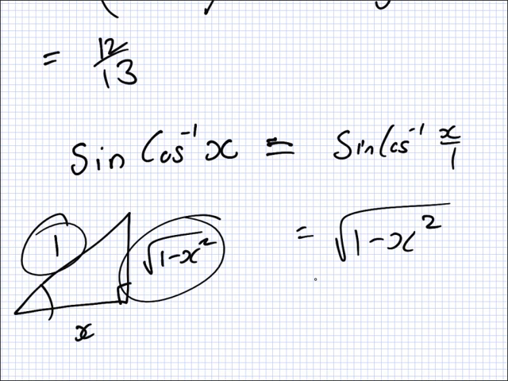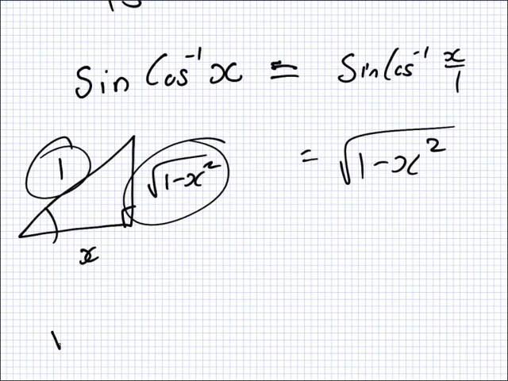Can we simplify that? Root 1 minus x squared? No. And if you tell me that's 1 minus x, then your holiday was too long. Because that does not cancel like this. Why not? All right. Watch carefully. 4 squared minus 3 squared is 16 minus 9, right?